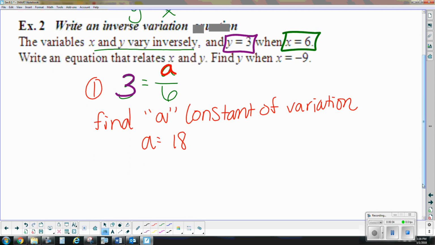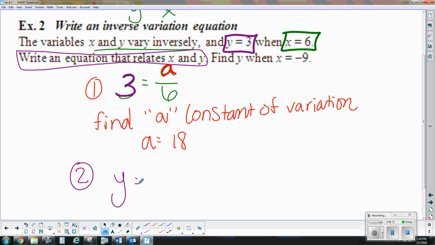The second step is to write an equation that relates x and y. So y equals our constant of variation divided by x. And then lastly, our third step is to find y when x equals -9.